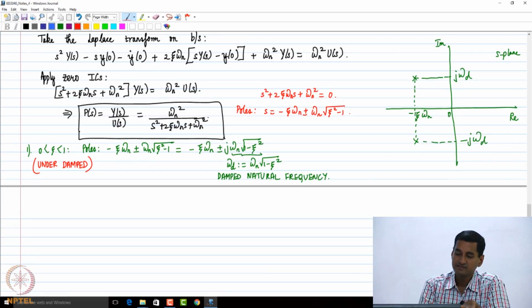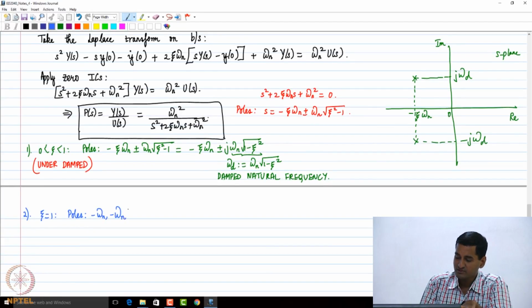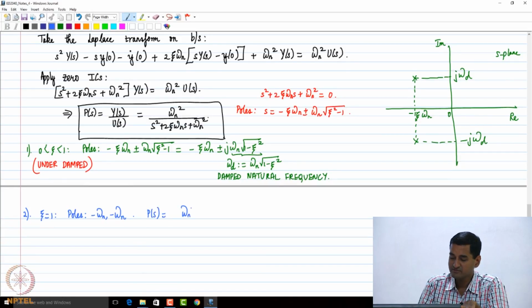Now that's for the first case. The second case is when zeta is exactly equal to 1. We immediately see that the poles are going to be at minus omega n and minus omega n. So we have a pair of repeating poles at minus omega n. Why is that? Because immediately we see that the plant transfer function becomes omega n squared divided by s squared plus 2 omega n s plus omega n squared when zeta is exactly equal to 1.